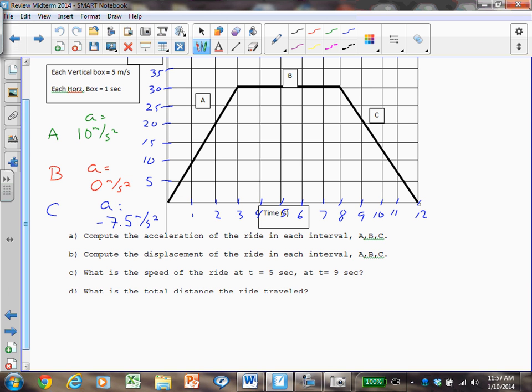So your displacement will equal 1/2 base times height, or 1/2 times 3 seconds times a height of 30 meters per second, or 45 meters. That's for this one.